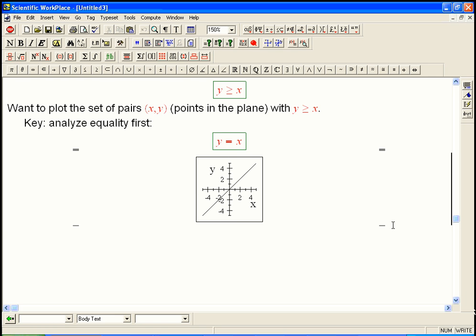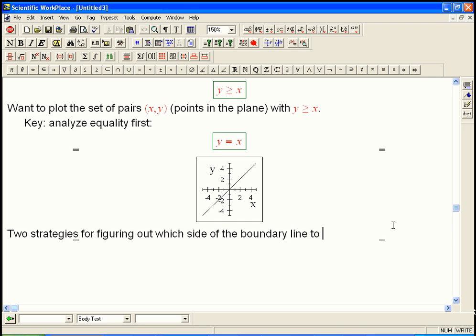Okay, so I'll just summarize that. 2 strategies for figuring out which side of the boundary line we're going to shade in. One is, sometimes you can do it by just thinking about the geometric meaning of the quantities.